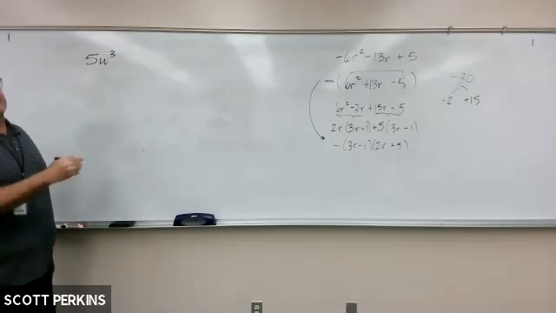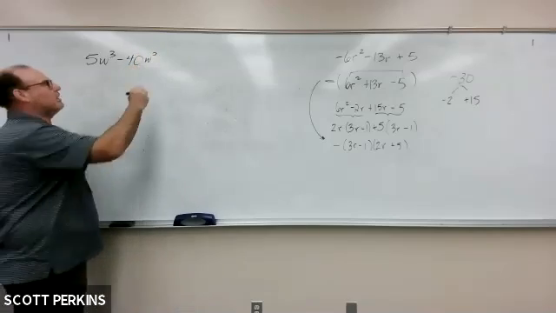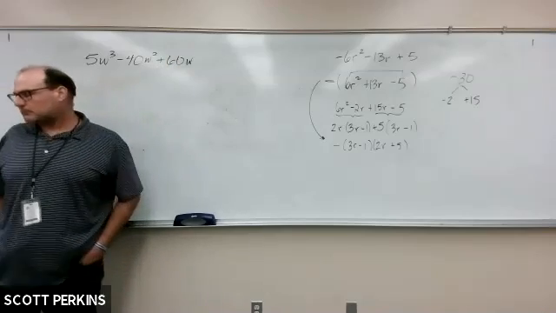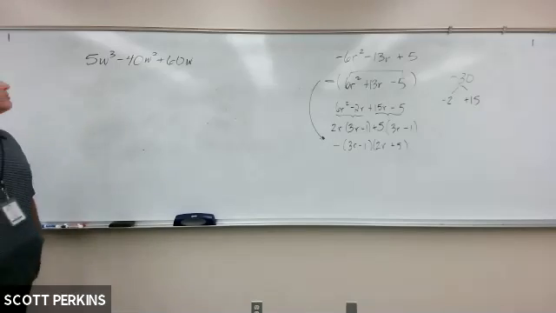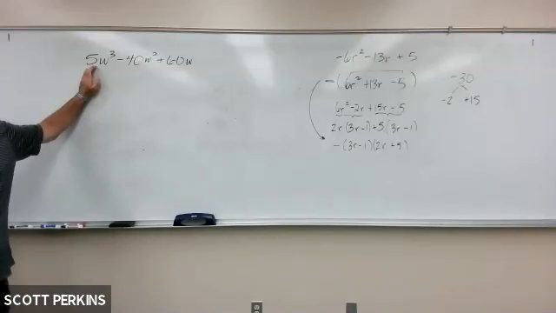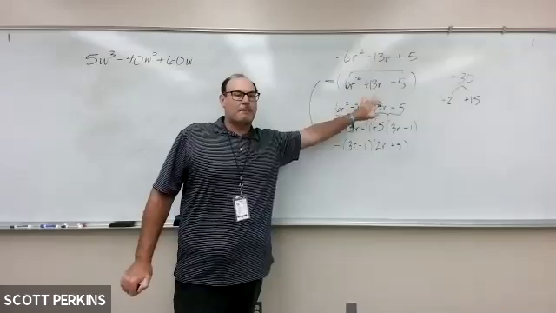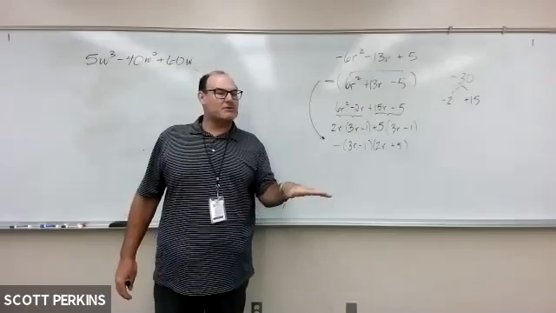5w to the third minus 40w squared, and then plus 60w. So sometimes you're going to encounter a problem that has a number in front of the first term, but before you go through all of this mess right here, always make sure you factor out any common factors.